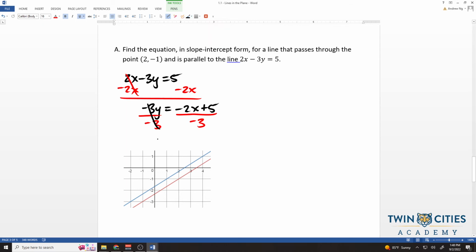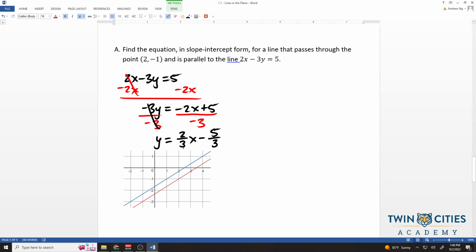So this gives me y equals negative 2 over negative 3. We'll say that's positive 2/3 x. And then positive 5 over negative 3, minus 5/3. So this is my first equation. And more importantly, this tells me what my slope is.